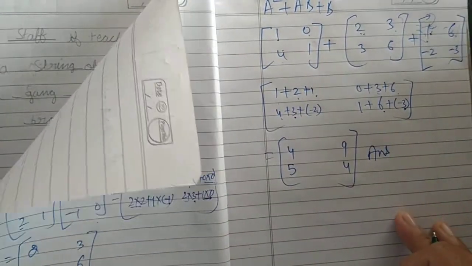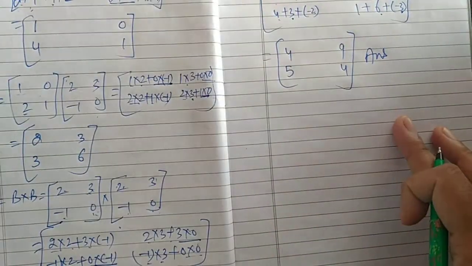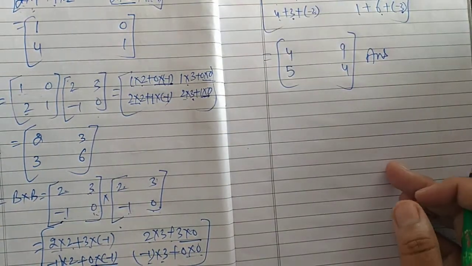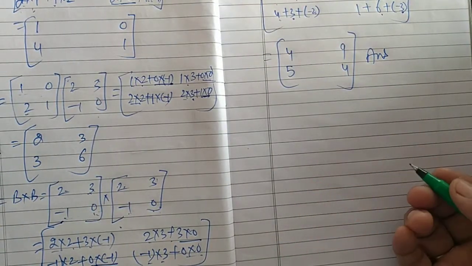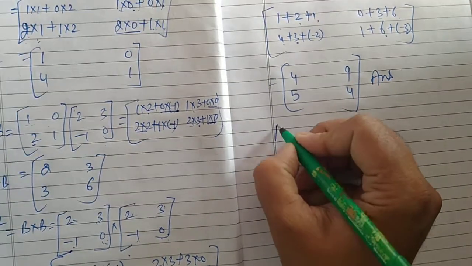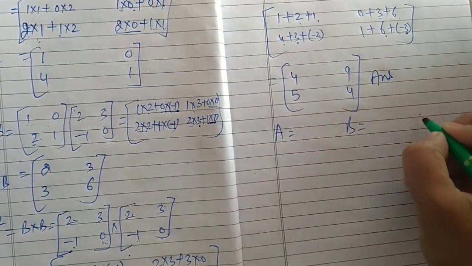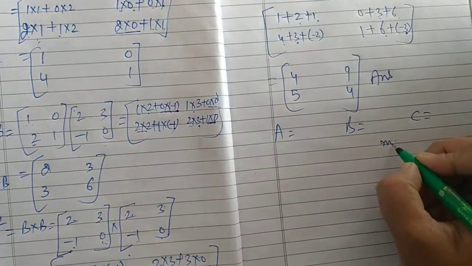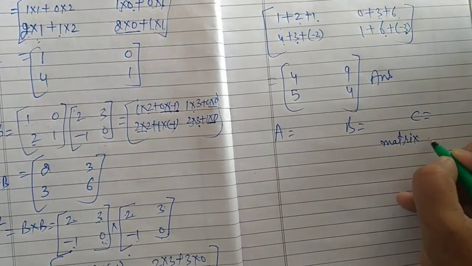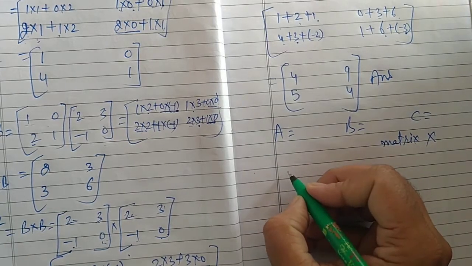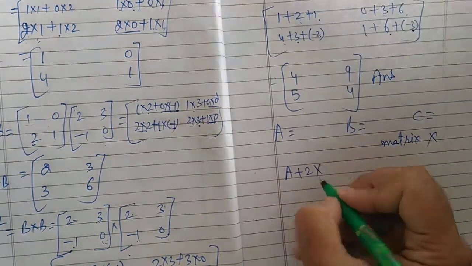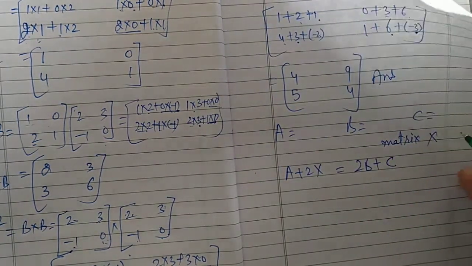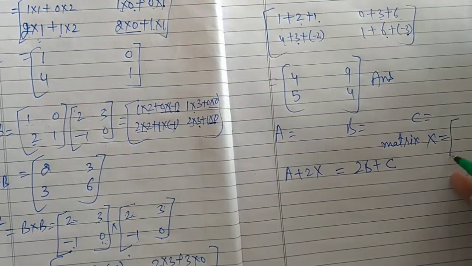So, similar questions can come. Sometimes A and B are given, then C is also given. A is given, B is given, C is given. So find the matrix X such that A plus 2X is equal to 2B plus C. Here matrix X we have to suppose.